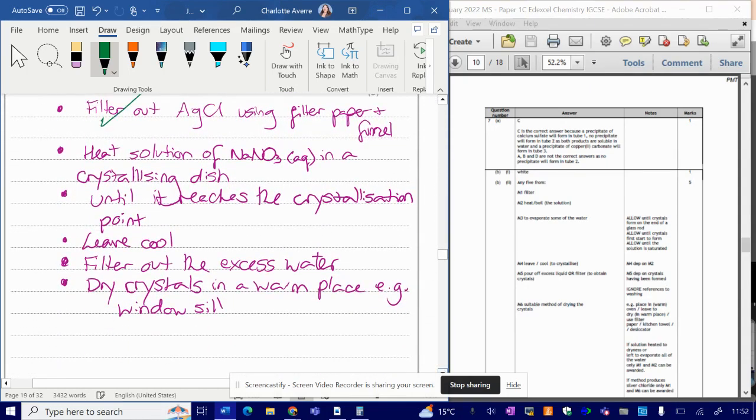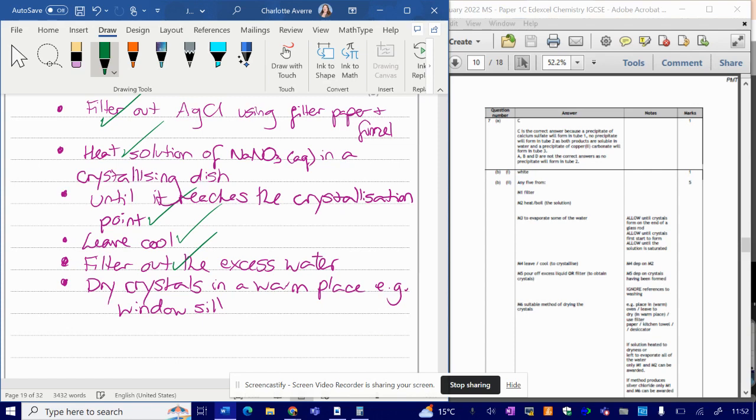Okay, filtering, good. Heating, good. And to evaporate some of the water, or until crystals first start to form, that's the same as the crystallization point. We leave it to cool. You can either pour off the extra liquid or we can filter.